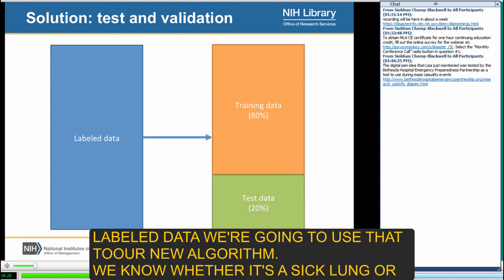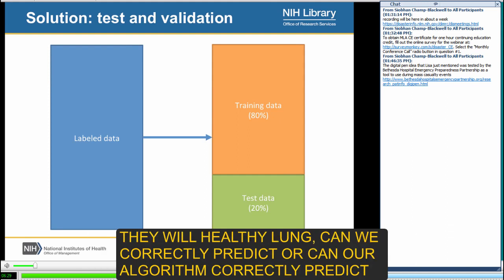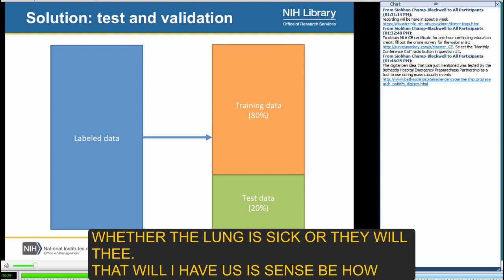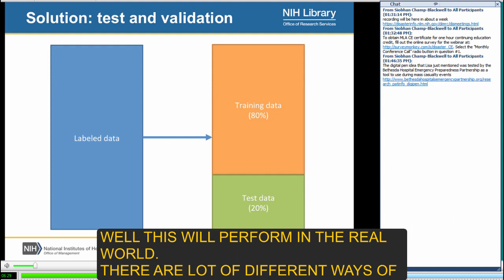So the test data has the labels because it came from that labeled data pool. We know whether it's a sick lung or a healthy lung, and we want to see whether our algorithm can correctly predict whether the lung is sick or healthy. That will give us a sense of how well this algorithm would perform in the real world.